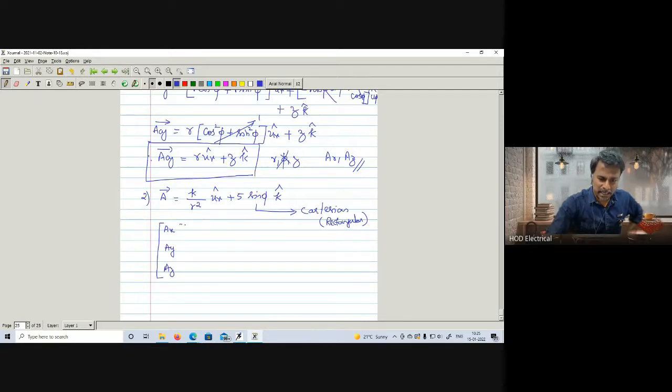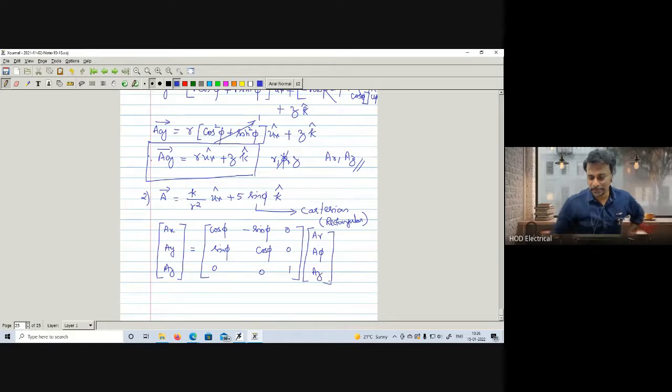Since this is the Cartesian coordinate vector, AX, AY, AZ equals the matrix cos phi, minus sine phi, 0, then sine phi, cos phi, 0, then 0, 0, 1, into AR, A phi, AZ.